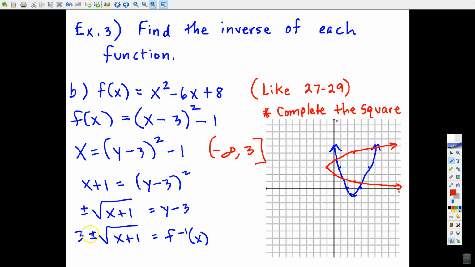Would it be the positive, the plus, or the minus? The negative, yeah. So for this domain restriction, we're going to use this inverse. And then for the other domain restriction, which will be from 3 to infinity, we'll use the plus.